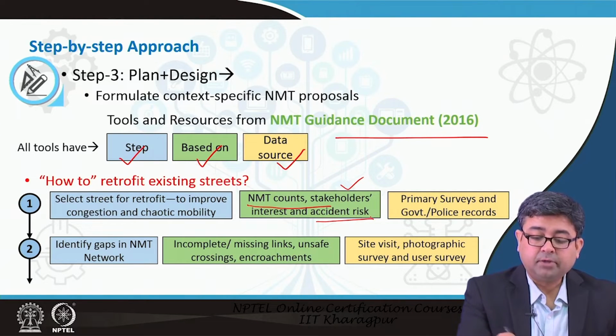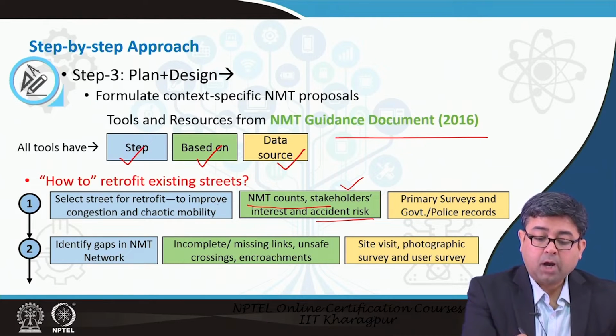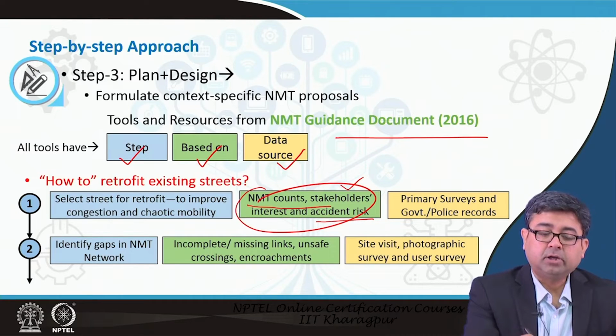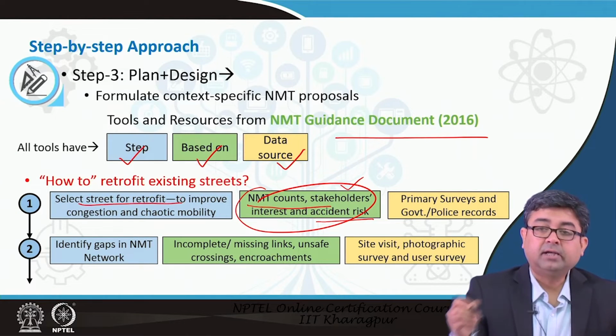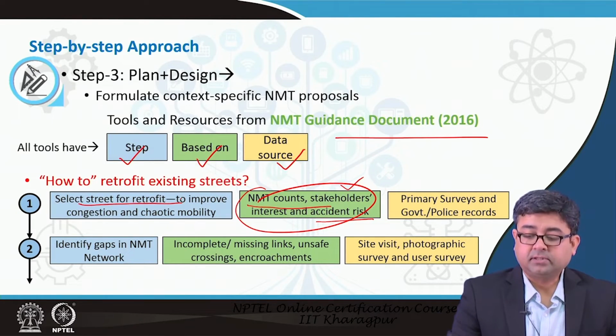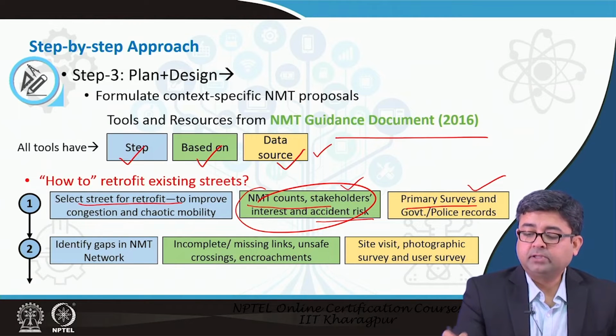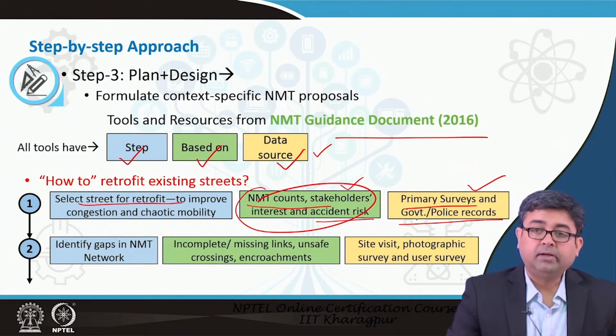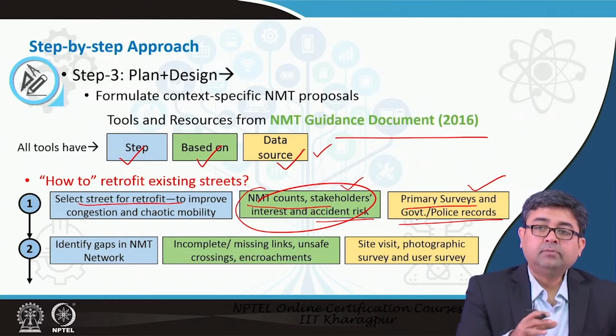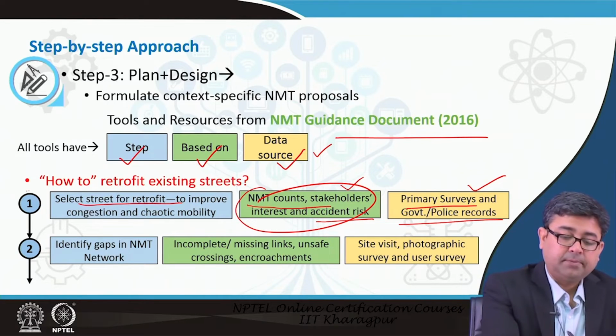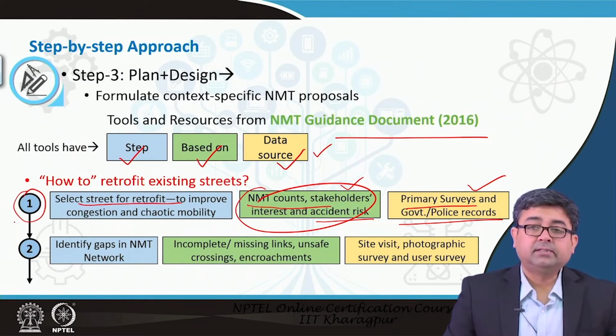That is an example of what you will base your decision on in identifying a street to retrofit with NMT infrastructure. And where do you get this information from? What is the data source? You can conduct primary surveys, or for example, accident records you can get from police records or government records. So, that is how you can go about this first step in retrofitting existing streets.